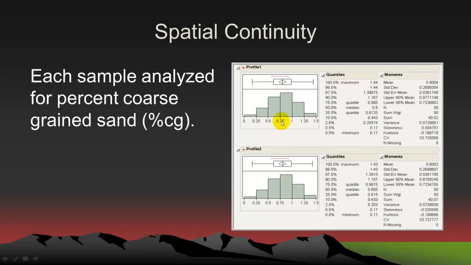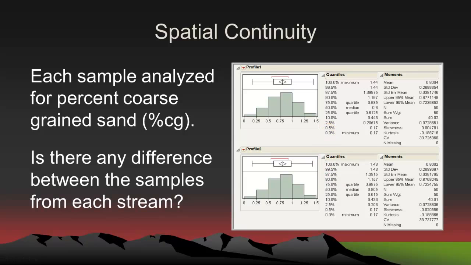So the 2 sets of samples here appear identical. They suggest that the percent of coarse-grained sand from both streams is identical. And so we can ask the question, is there really any difference between the samples from each stream? If we conclude that in fact there is no difference, we would be wrong.